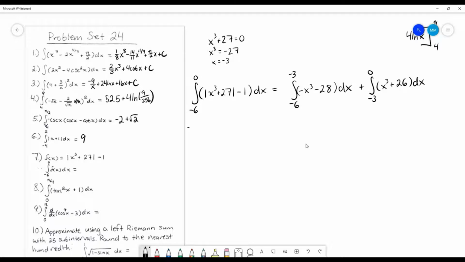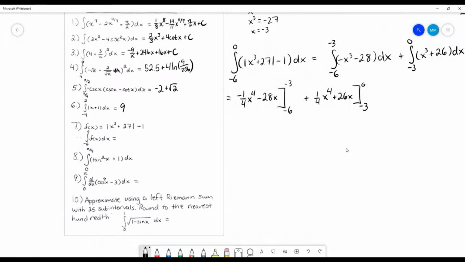So then that's going to be negative 1/4 x to the 4th minus 28x on these bounds plus 1/4 x to the 4th plus 26x on these bounds. Okay, and we're going to get some big numbers here just because this is an x to the 4th.